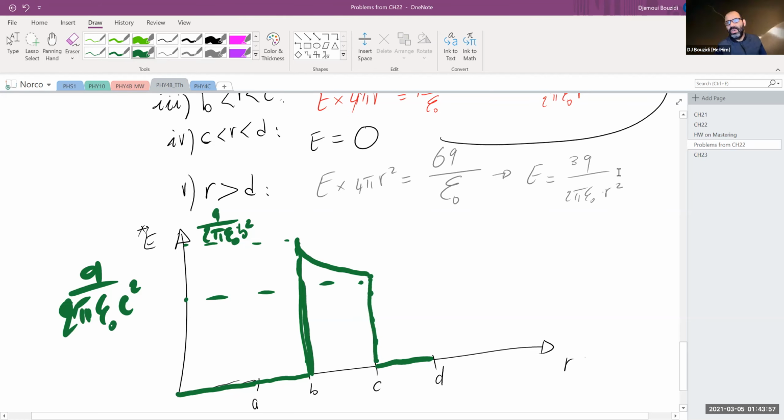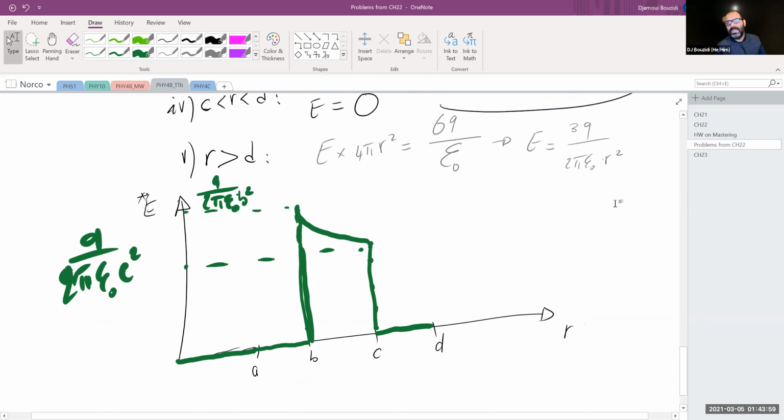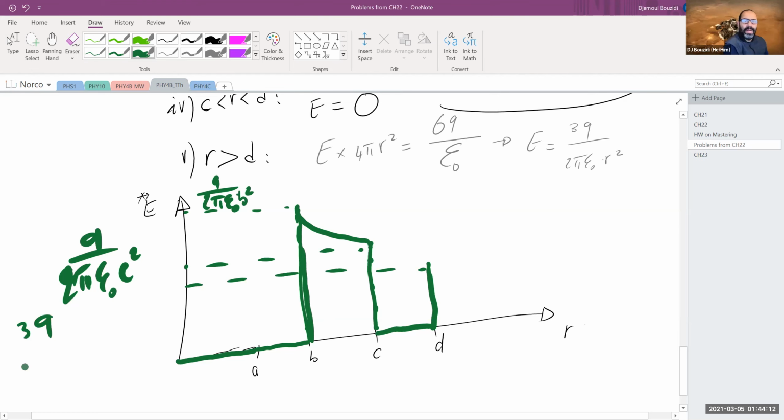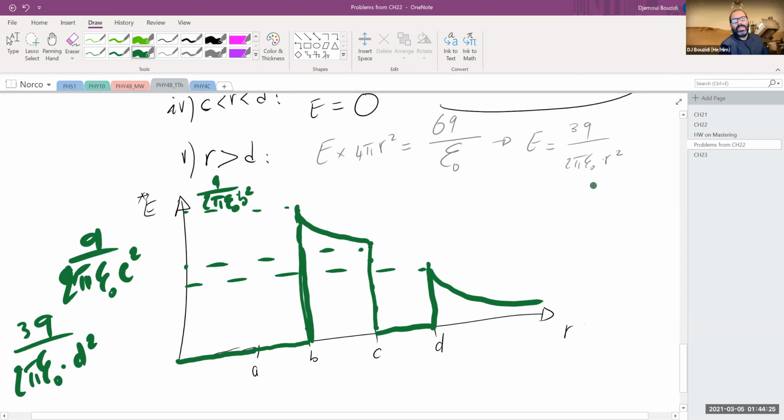And then it drops like 3Q over 2 pi epsilon naught divided by a distance squared, depending on how the C and the D are related. So it could come up from this point in here, that has coordinates 3Q divided by 2 pi epsilon naught times 1 over D squared, and drops toward like this. So it goes to 0 when R goes to infinity. So this is the function that we're supposed to plot.